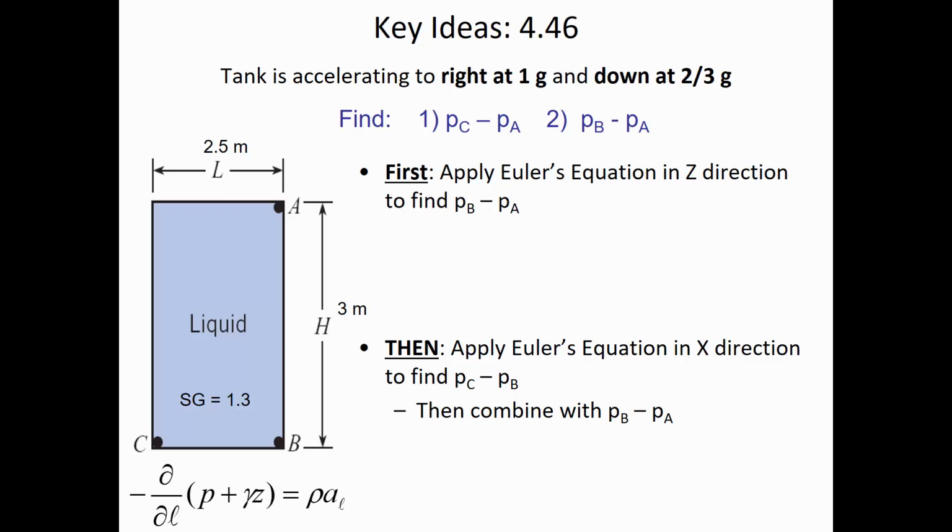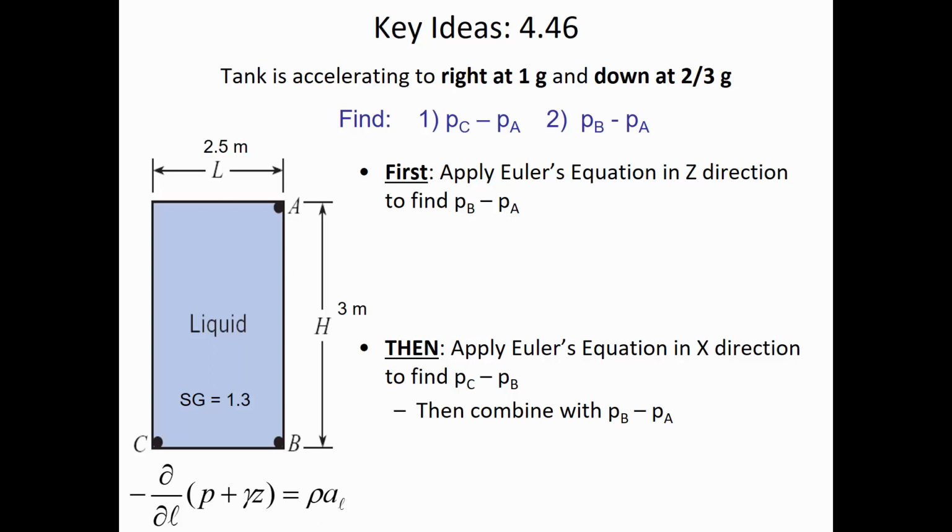So you go through the Euler's equation in the vertical plane to find the difference in pressure between B and A. My suggestion is to then, after you've done that part, apply Euler's equation in the horizontal to find the pressure difference between B and C. Now, they never asked you to find PB minus PC.